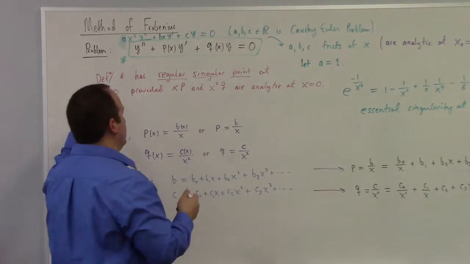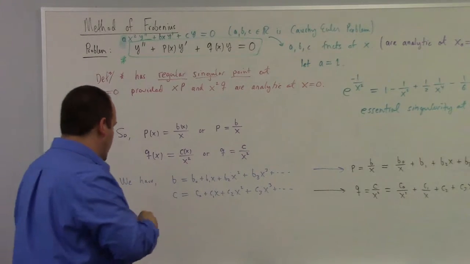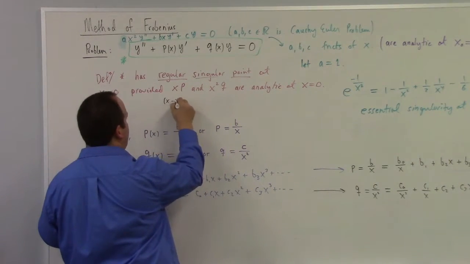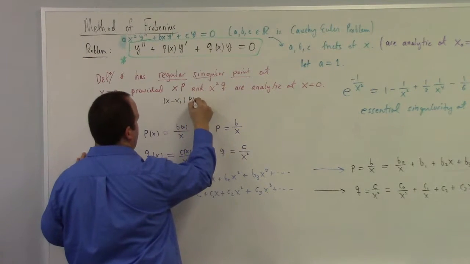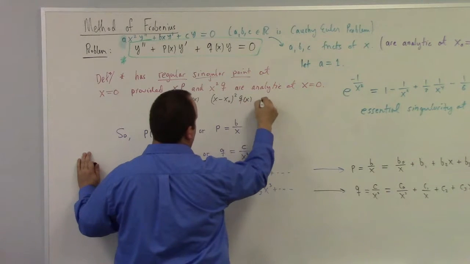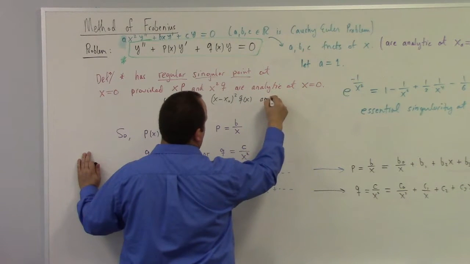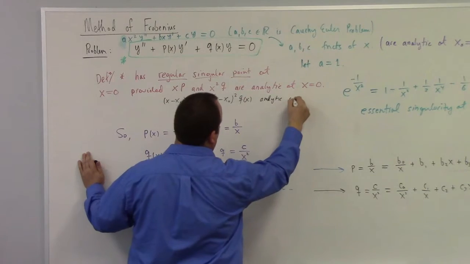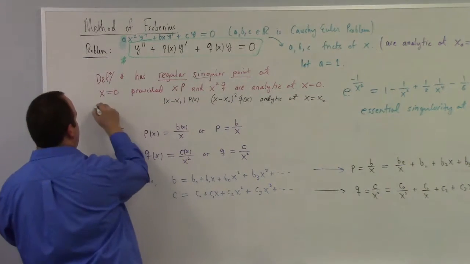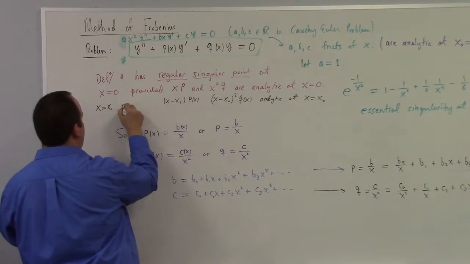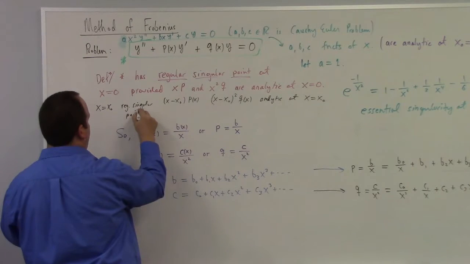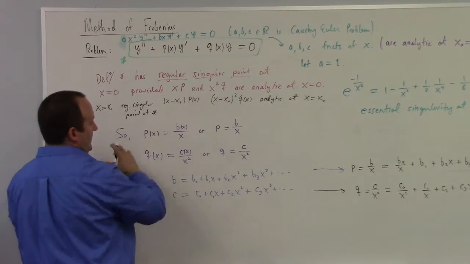And you can replace x equals 0 with another point if you wanted to. Then you would want x minus x naught times p of x and x minus x naught squared times q of x to be analytic at x equals x naught. So this would make x equals x naught a regular singular point of star if you had that.